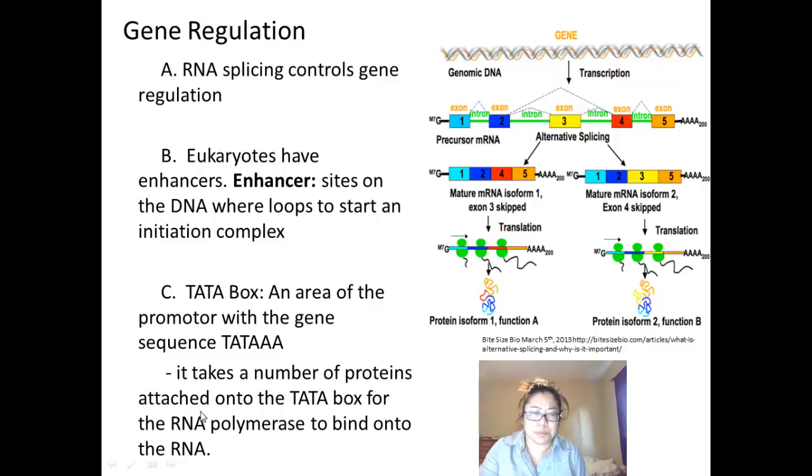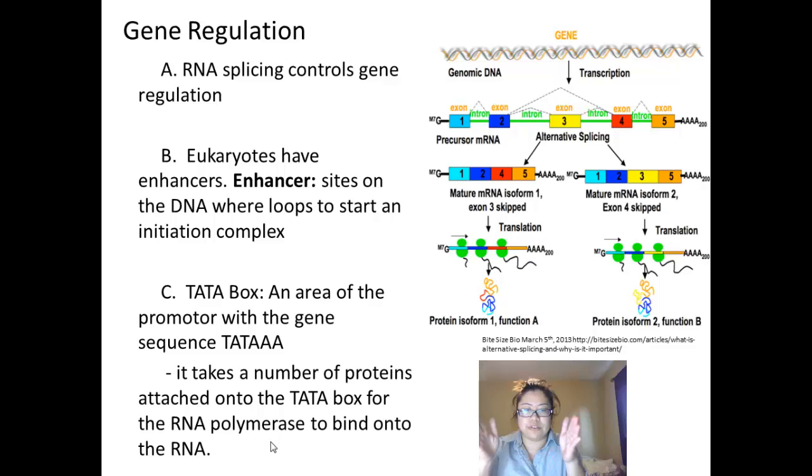It takes a number of proteins attached onto the TATA box in order for the RNA polymerase to bind. RNA polymerase doesn't just go and bind onto the promoter, the area in which the RNA polymerase binds. It actually takes a couple of other proteins to act like a signaling device to say, okay, now it's safe to bind on.